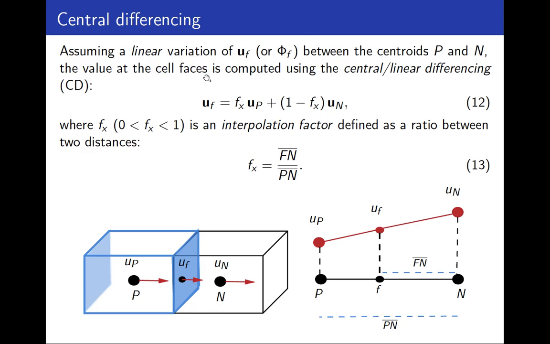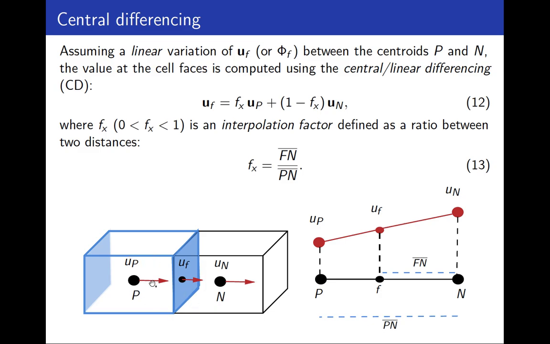For this scheme, we assume a linear variation of the velocity at the cell phase between the centroids P and N, and then the value at the cell phases will be computed using this equation 12, which is known as the central or linear differencing, usually called CD.